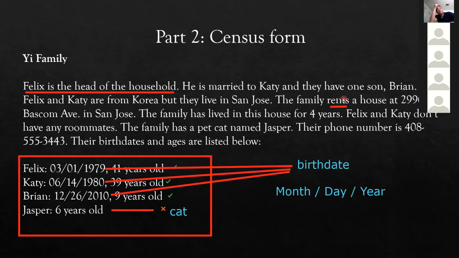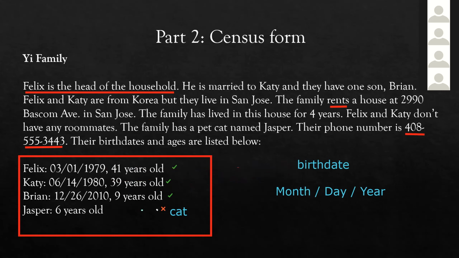What is the telephone number? What is the head of the household's name? What is the head of the household's birth date? What is the head of the household's age?